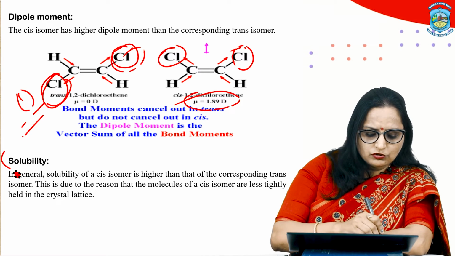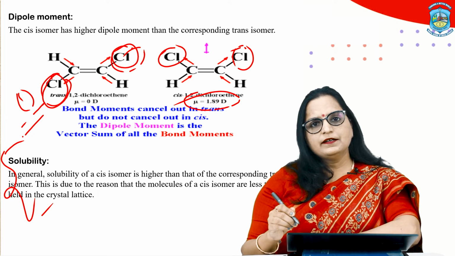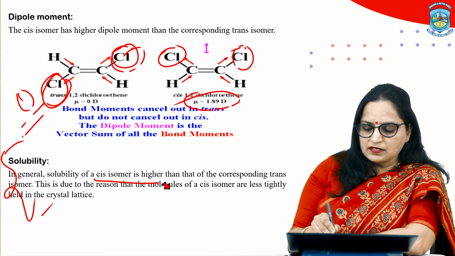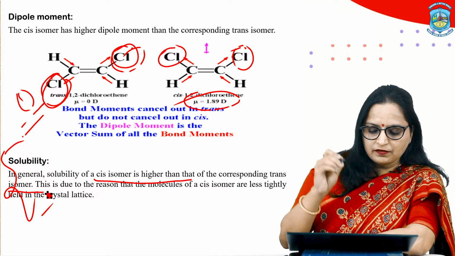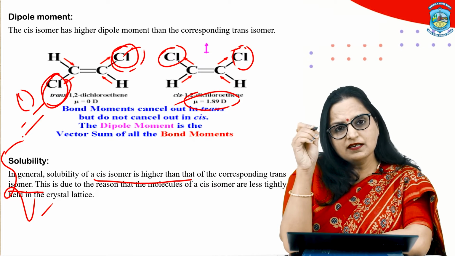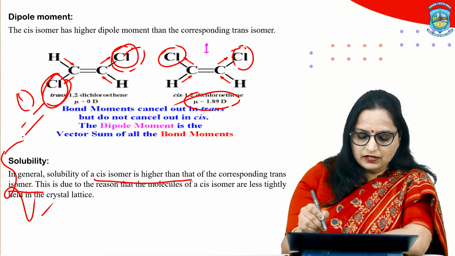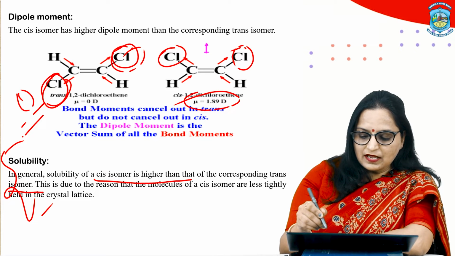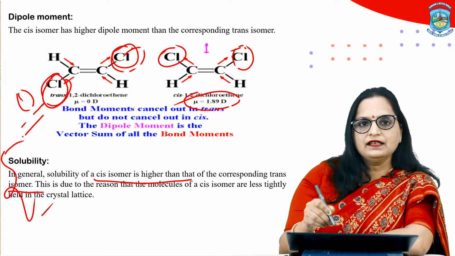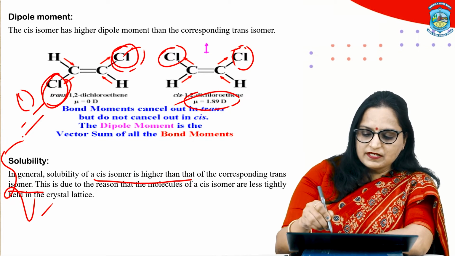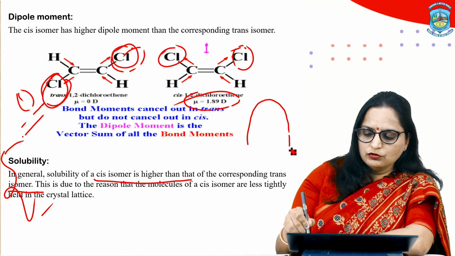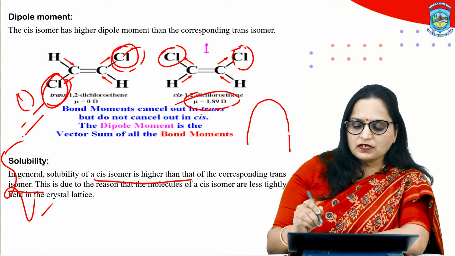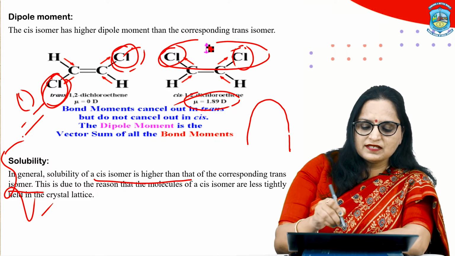Now, moving on to solubility. Solubility of the cis isomer is higher than that of the corresponding trans isomer. What is the reason? As you can see from the structure, the cis isomers are less tightly held in the crystal lattice. Basically, what we call U-shaped structure. U-shaped structure means two groups are on the same side.